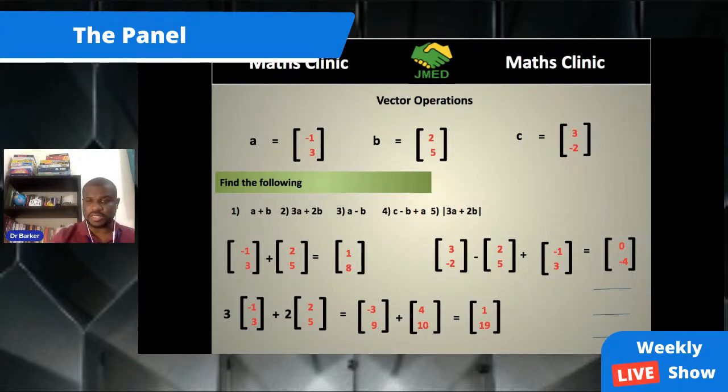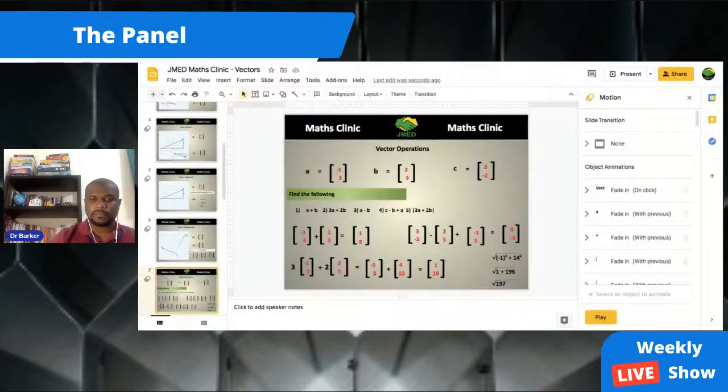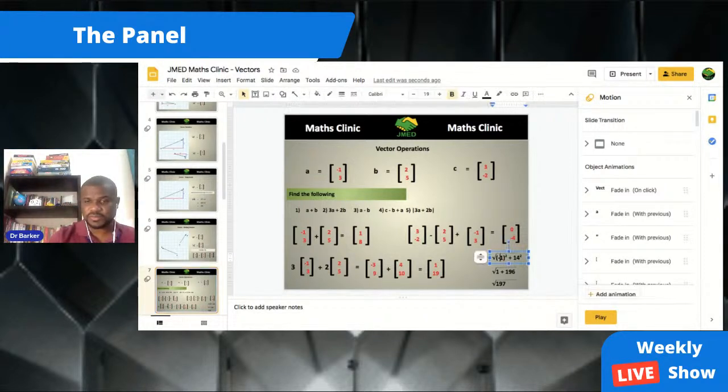I just realized I'm going to have to make an adjustment somewhere here. No, I actually think I have missed out number 3. Can someone work out number 3 and tell me the answer in the meantime while I adjust this one? Everybody agree with that?